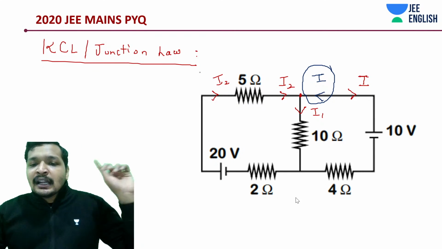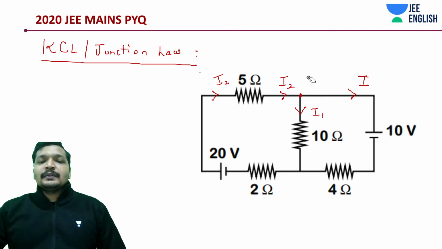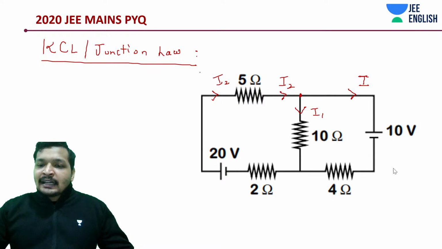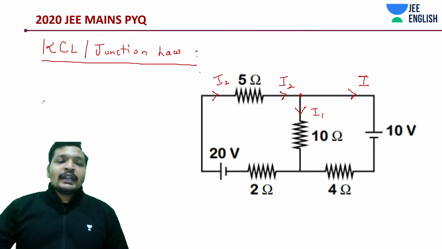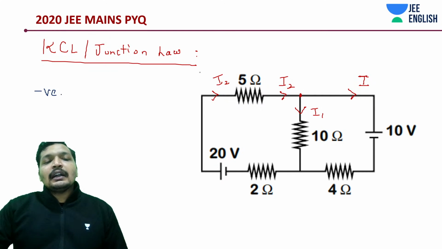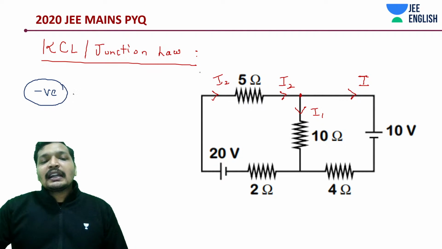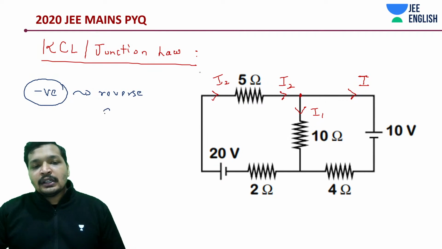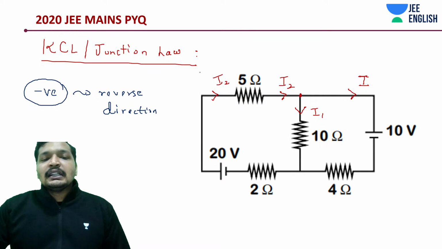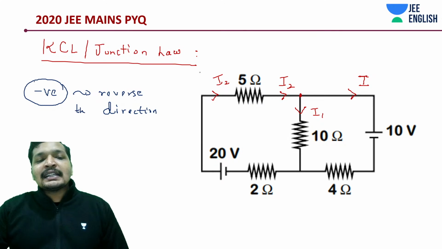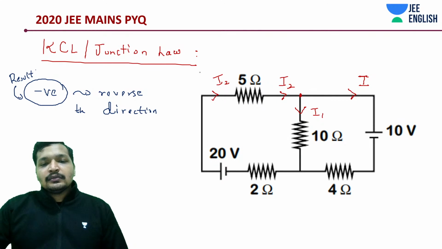If you get a negative answer, it's going to be in the opposite direction. If you have taken the right convention, you'll get the positive answer. If the result is negative, that means reverse the direction. We have taken the correct direction, so there's no problem. I've told you how you work around such problems, how you find out the direction. Reverse the direction if your final result is negative. Remember this thing. Very important.